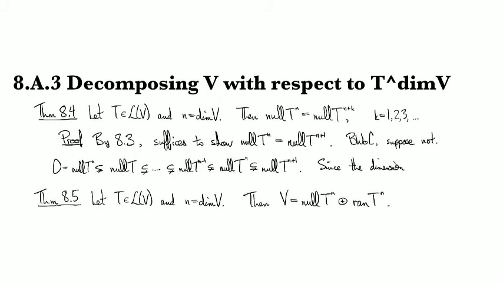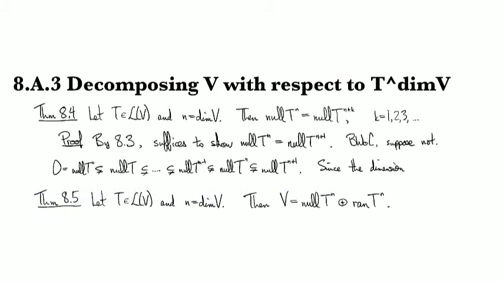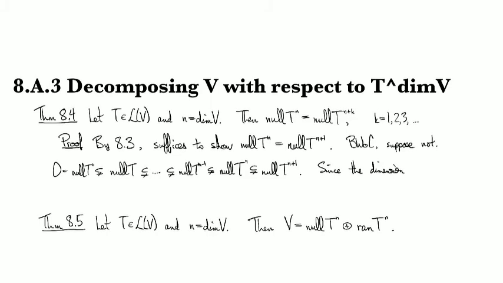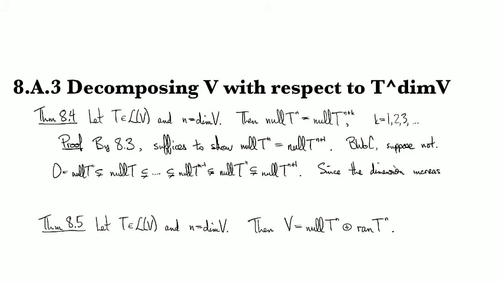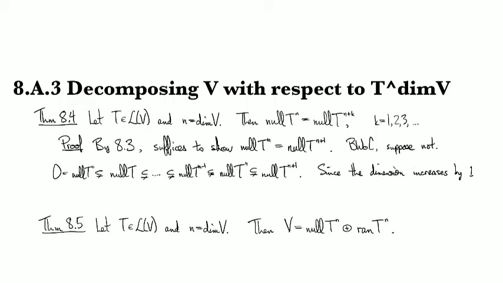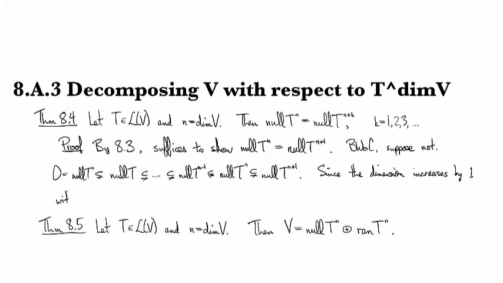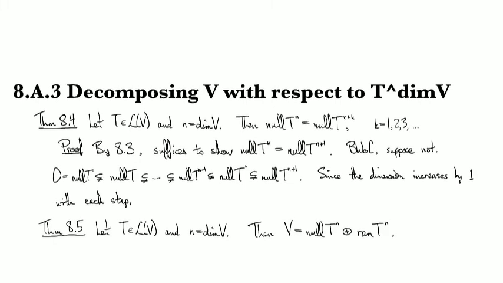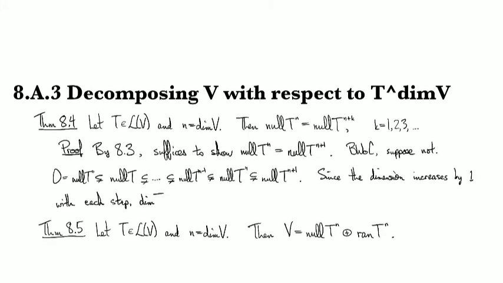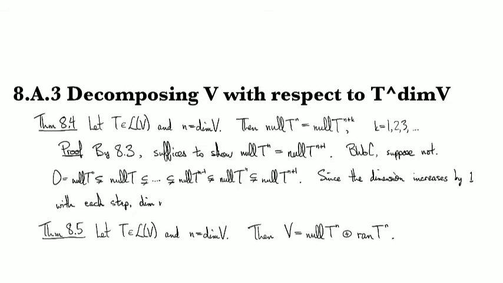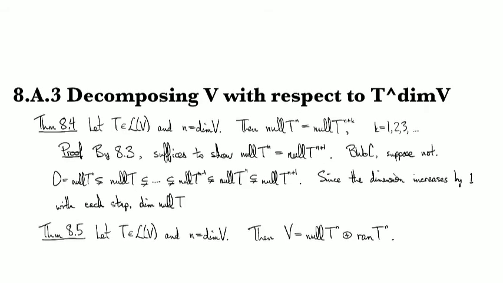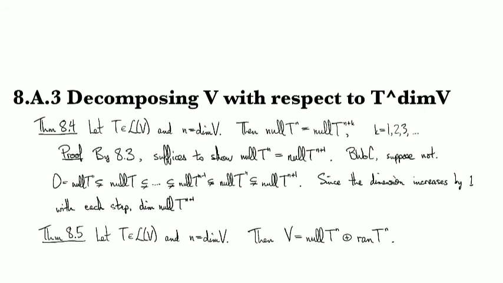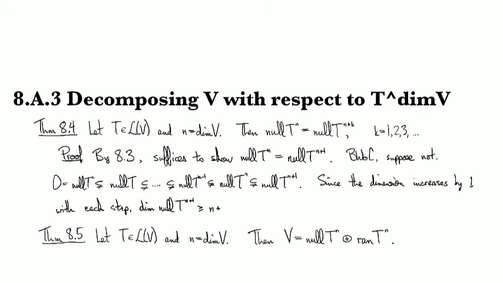Since the dimension of the vector space in question has to increase by 1 at every step, that means that when we get to the end, we have the dimension of the null space of T to the n plus 1 being at least n plus 1.